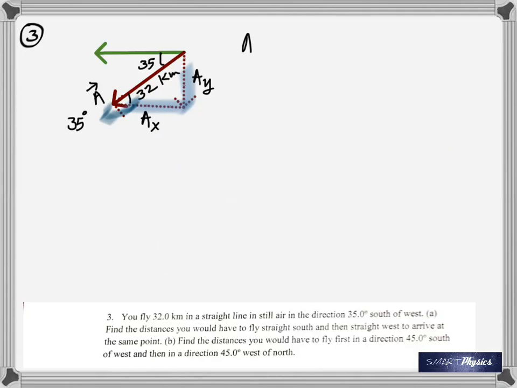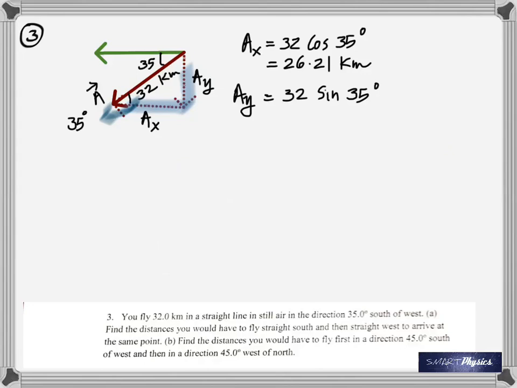And therefore, when you break this into AX and AY, AX is going to be 32 cos 35, it's 26.21 kilometers, and AY is 32 sine 35, 18.35 kilometers. So that's the answer to A.